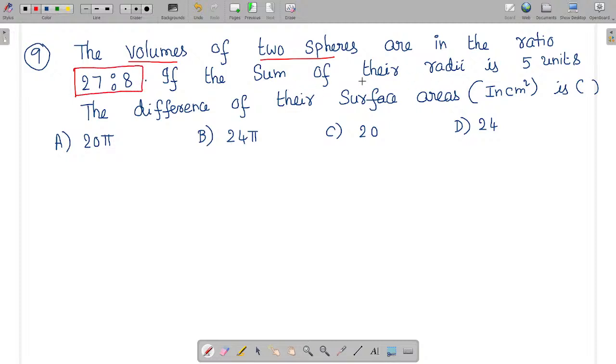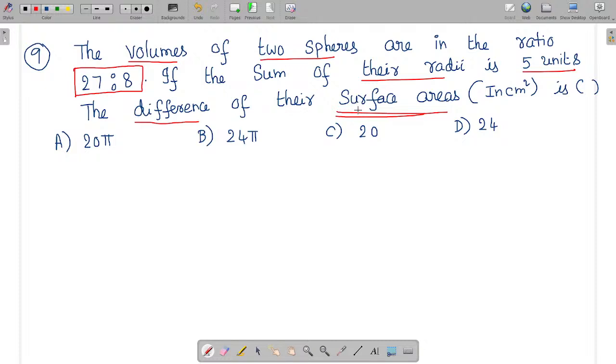If the sum of their radii is 5 units, then the difference of their surface areas we need to find out.